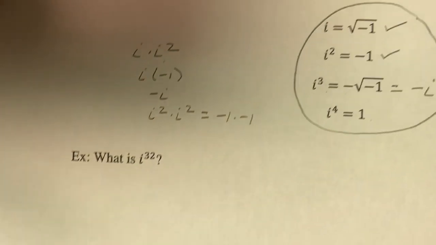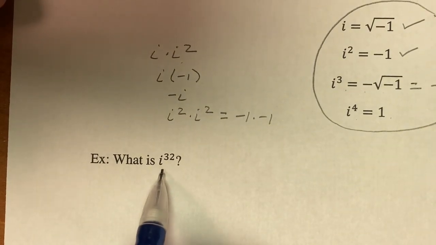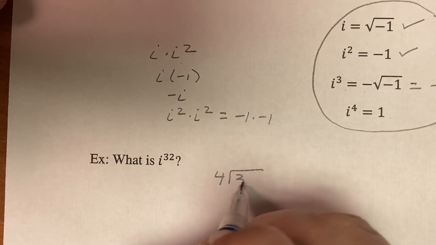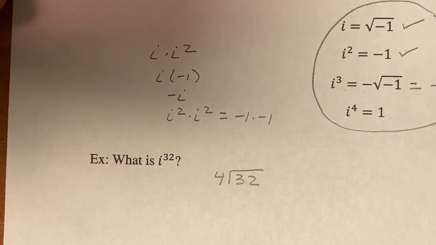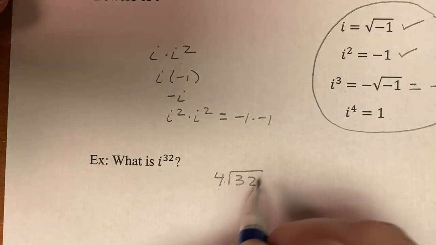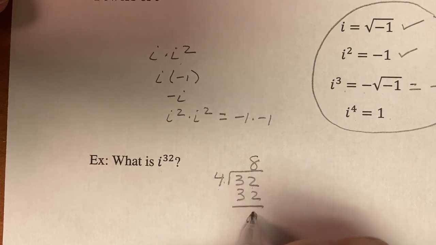So here's the deal. I'm not going to write out 32 i's. Here's the shortcut. Divide 4 into whatever the exponent is. Now, think of it. I divide 4 because every time I have 4 i's, they just disappear, because i to the 4th is 1. So 4 goes into 32 8 times with a remainder of 0.